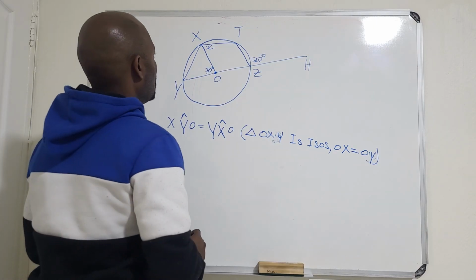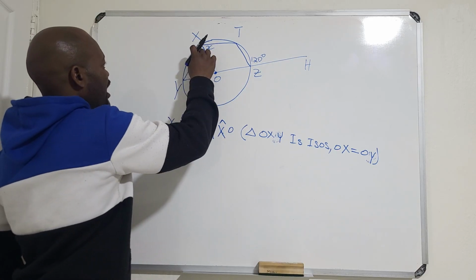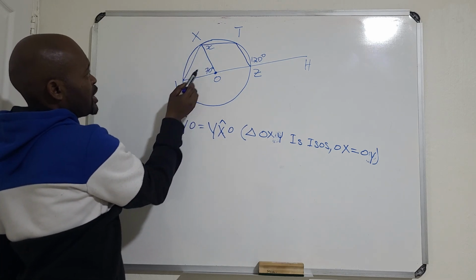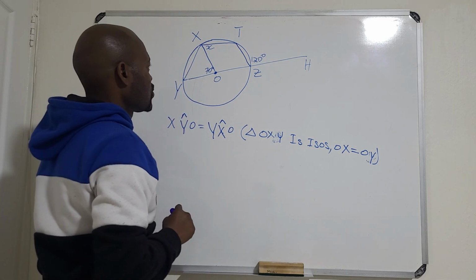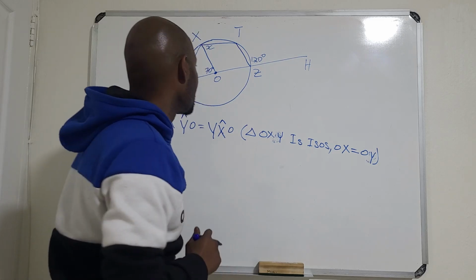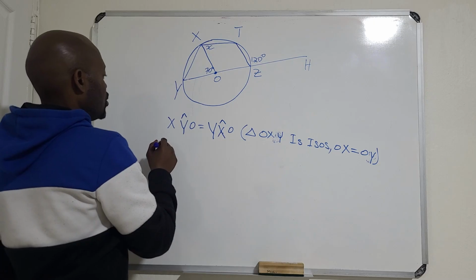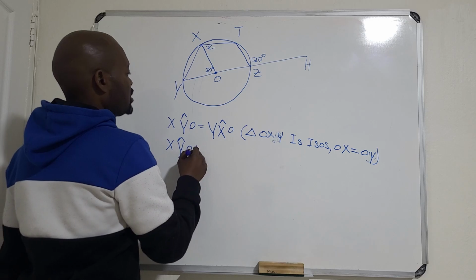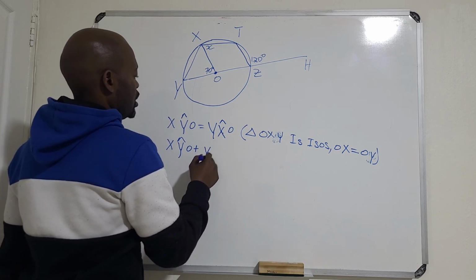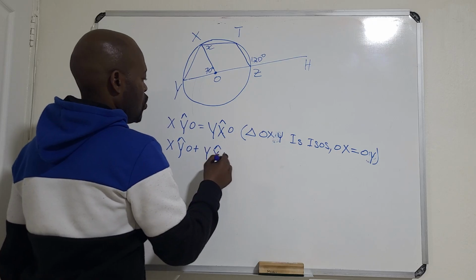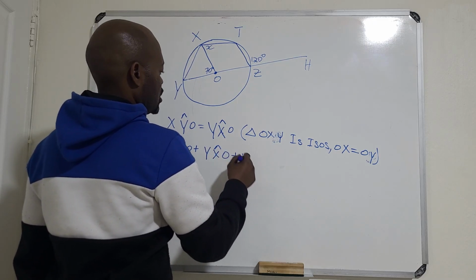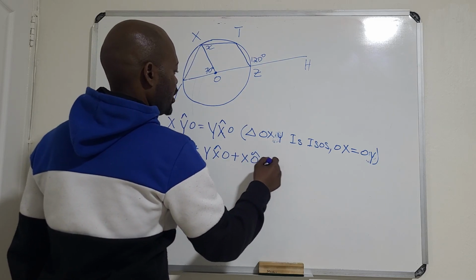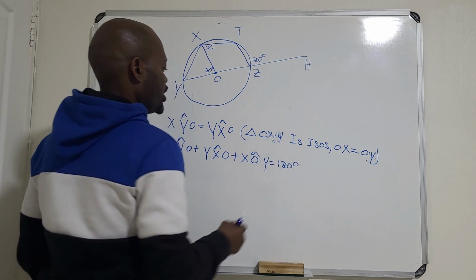Now, we know that this angle plus this angle plus this angle is equal to 180 degrees, the sum of angles on a triangle. Therefore, angle XYO plus angle YXO plus angle XOY is equal to 180 degrees.